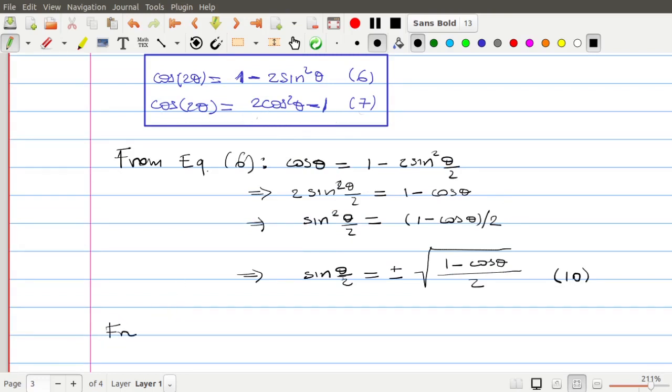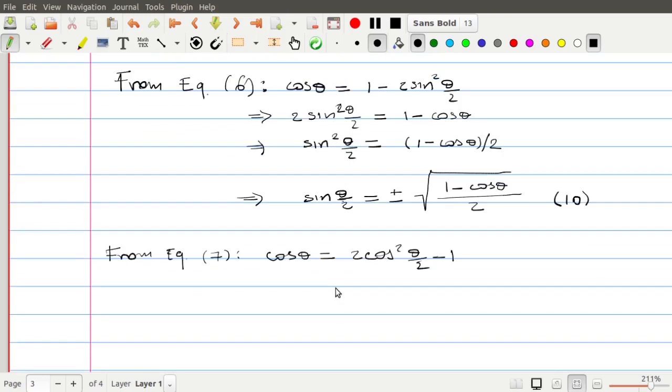So from equation 7, we have cosine theta equal to 2 cosine squared theta by 2 minus 1, from which we can extract, okay, let us write, we have 2 cosine squared theta by 2 will be equal to 1 plus cosine theta.